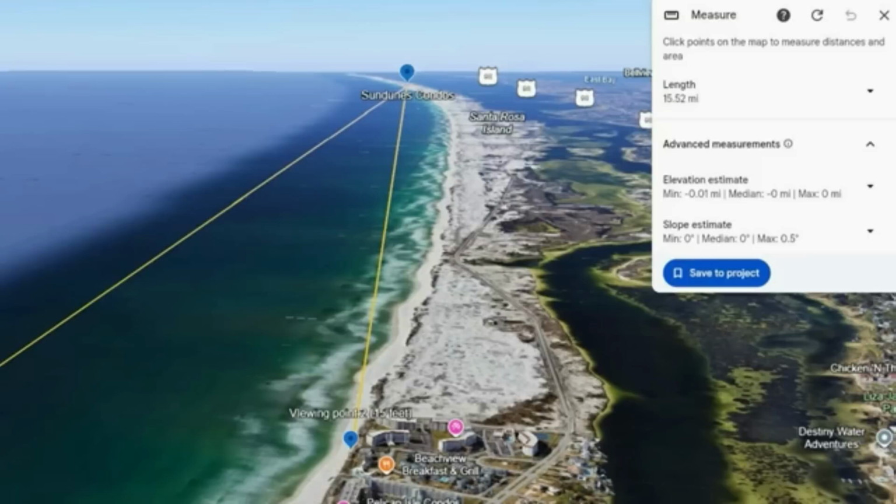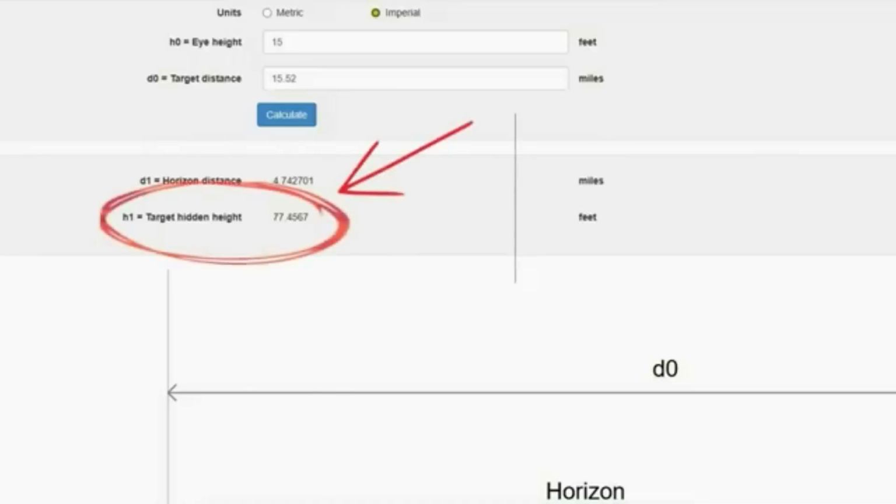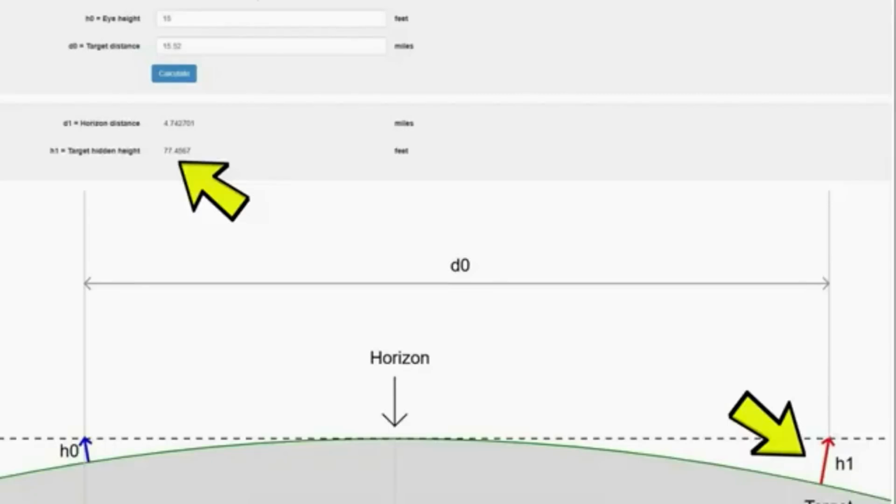That gives us the target hidden height, H1, of 77.45 feet. We should only be able to observe the top 22.5 feet of the building. Again, we seem to be observing a lot more.